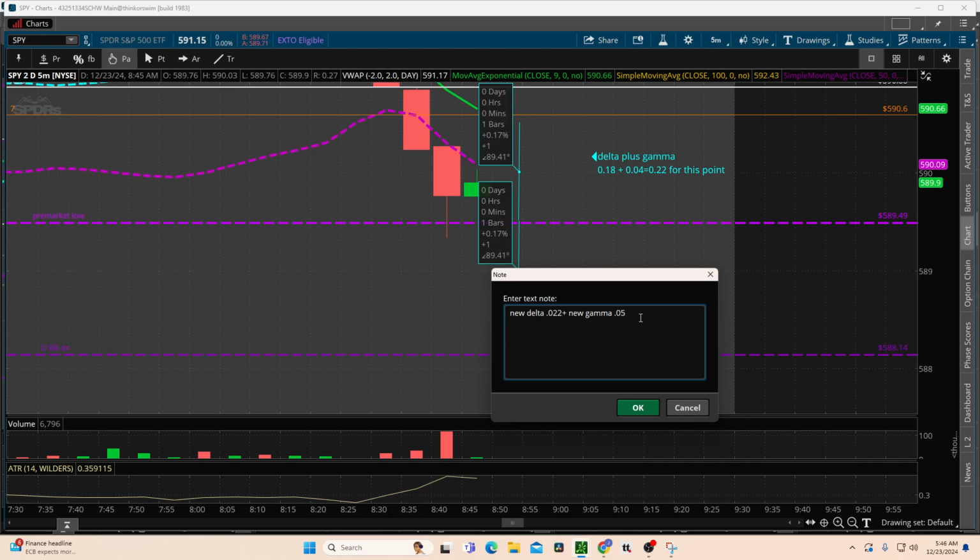So for the next point it goes down, you're going to get 0.22 plus 0.05, which is going to equal 27 cents.